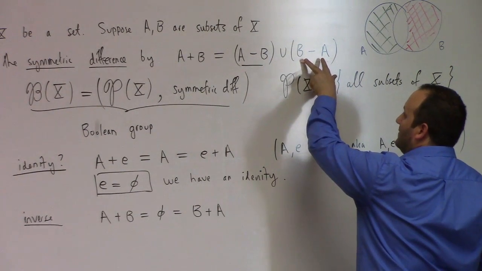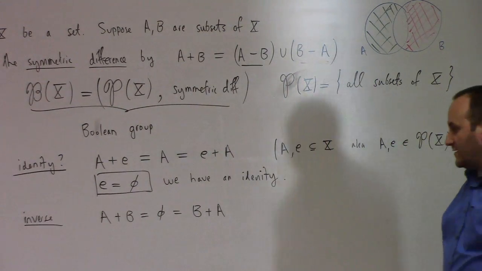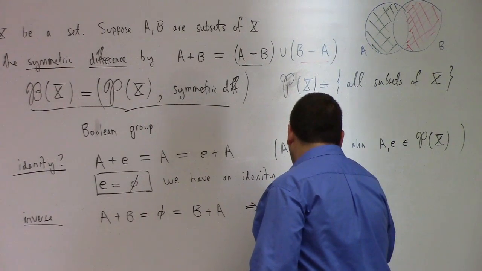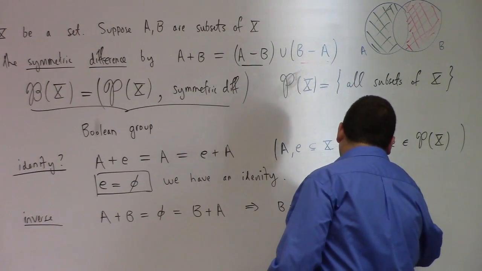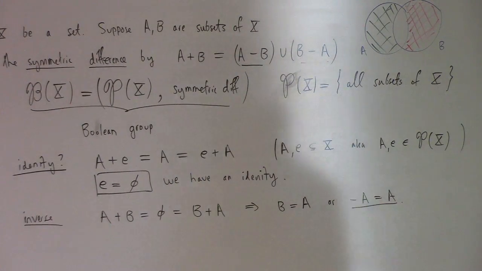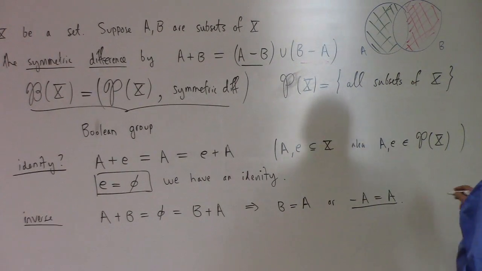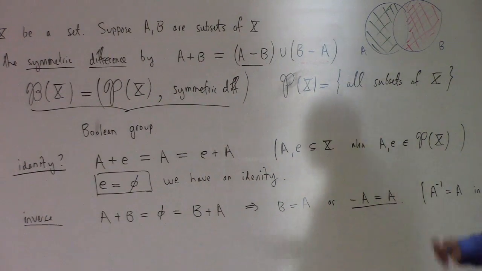And then the empty set union the empty set is the empty set. So B is in fact equal to A again. Or if you like, minus A is equal to A. That's our notation for the inverse in an additive group. In a multiplicative setting we'd say A inverse equals A, but here in the additive setting we say minus A is equal to A.